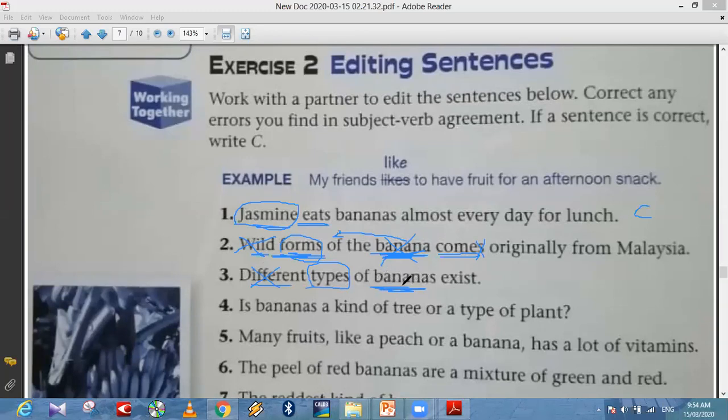Because it is not, wait, no, it's the object of the preposition of. Okay? So exist here is correct or needs to be corrected? Yes. So this sentence is correct. Okay. Number 4. Thank you, Mustafa.